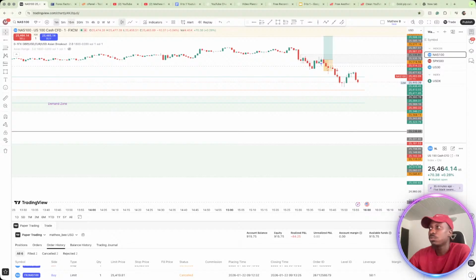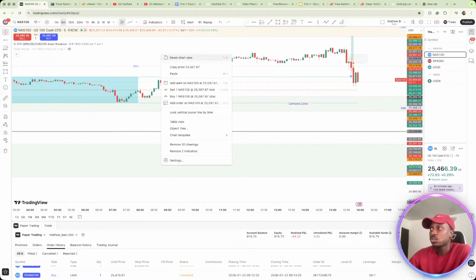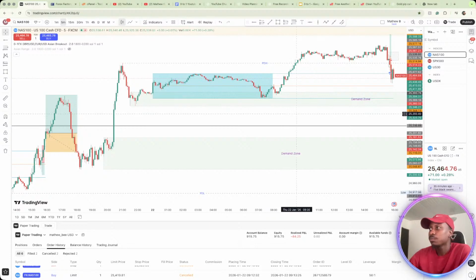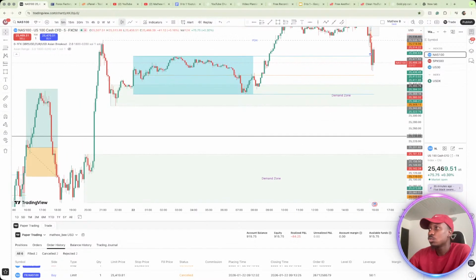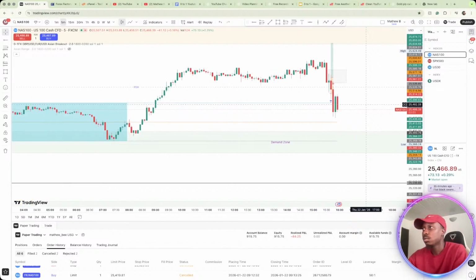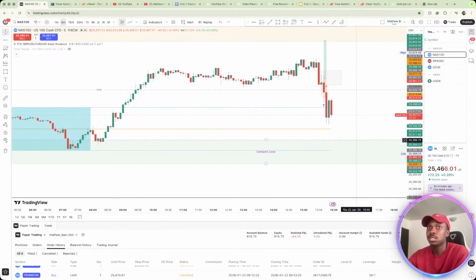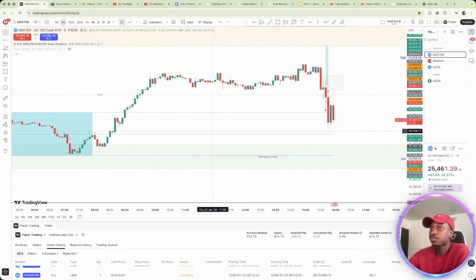Let's leave the stream running on 5 minutes so we can see when the 5 minute structure has changed to bullish. If it changes to bullish, then we would be looking for a potential buy. But for now, let's see how the trade goes.